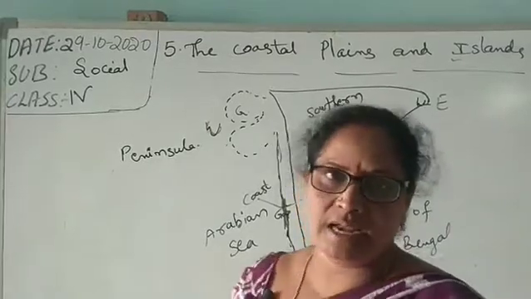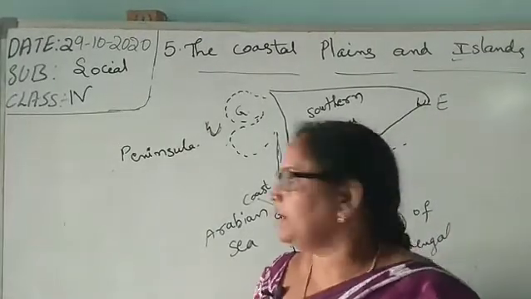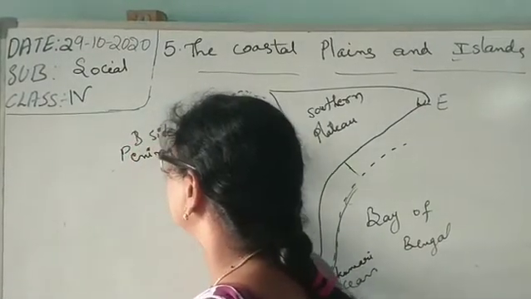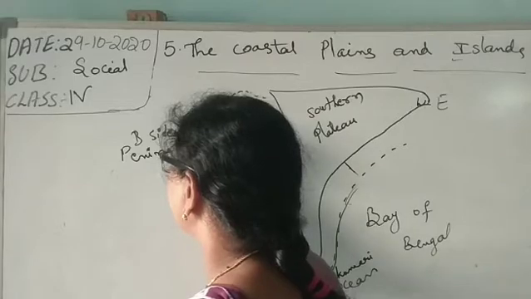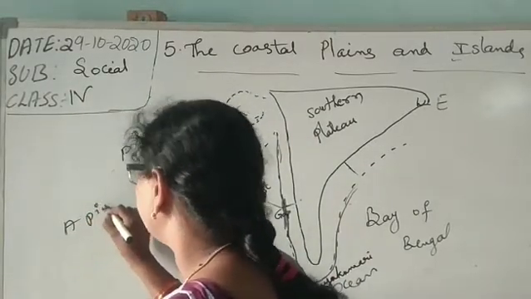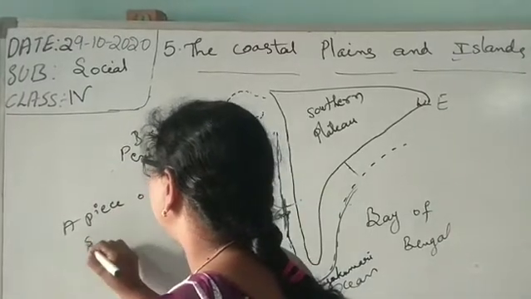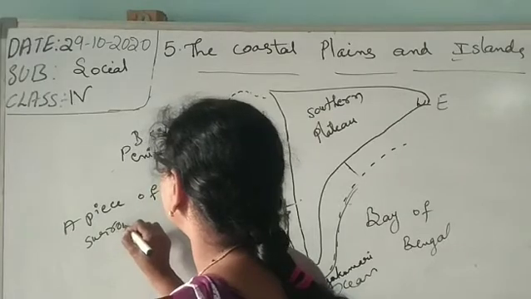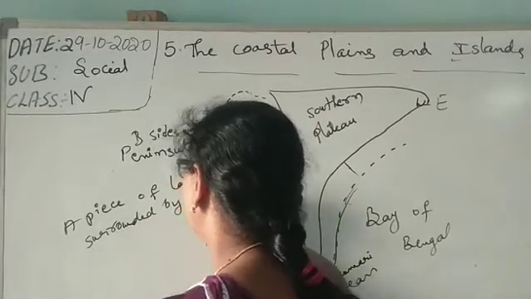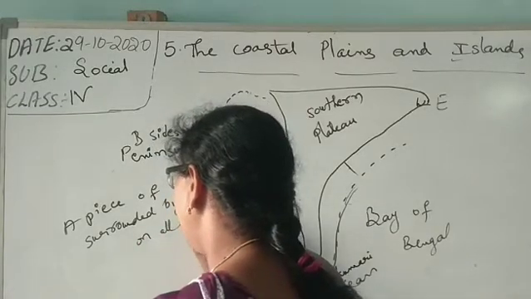Then what is an island? This is water on three sides. Island means a piece of land surrounded by water on all sides.